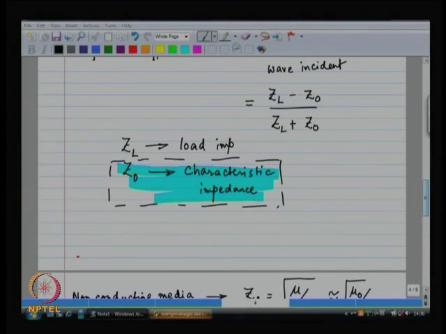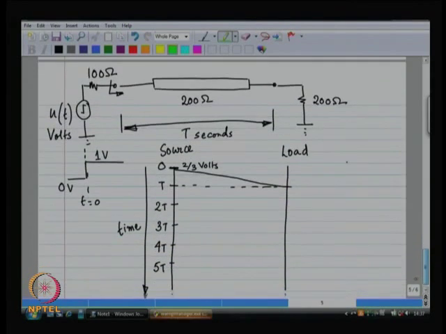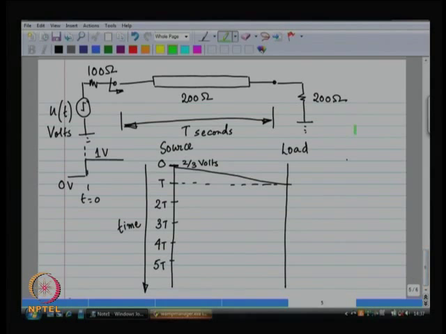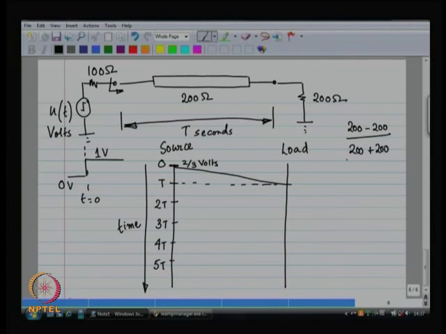It is ZL minus Z0 by ZL plus Z0, and this happens to be equal to 0.